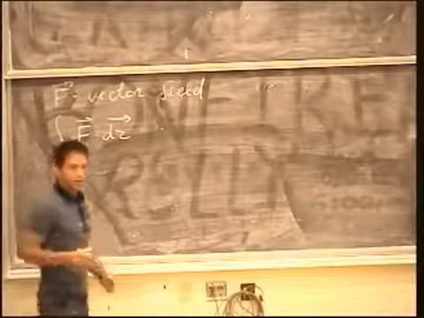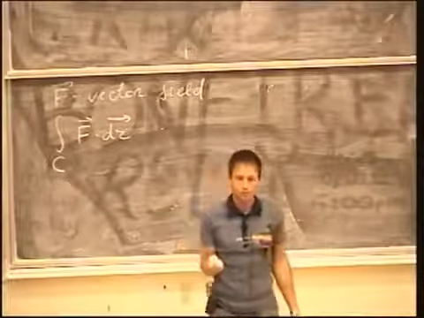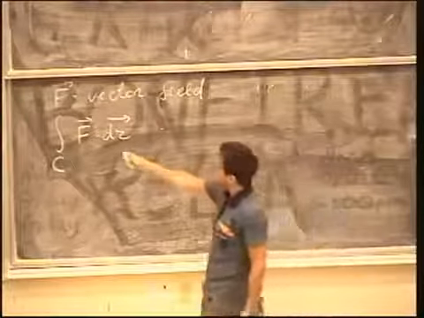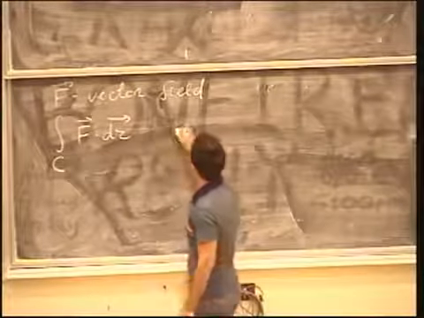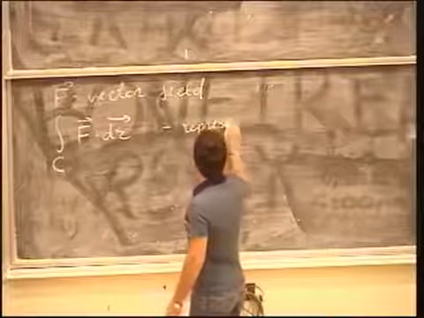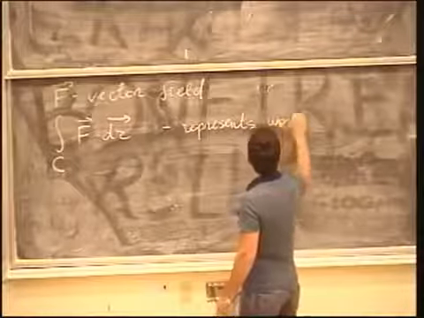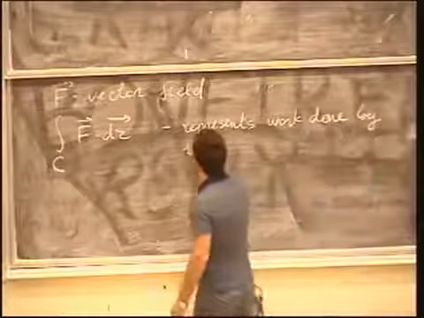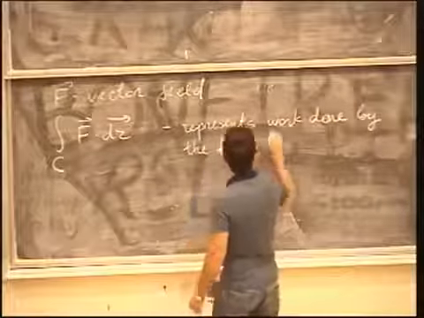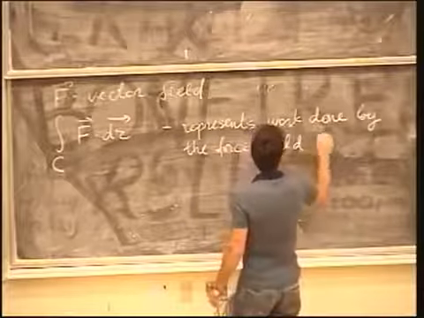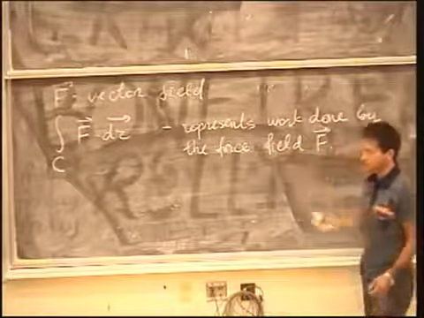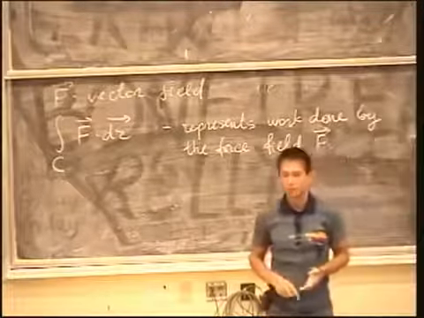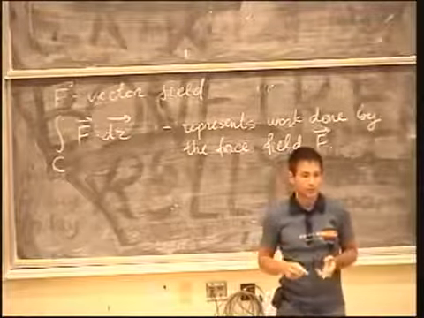And that also had a nice physical interpretation. It's not a mass, but rather it is work done by force. If f represents a force vector field, then this represents the work done by this force. Examples of such vector fields are the force of gravity, which we talked about before, also the electric field and the magnetic field.